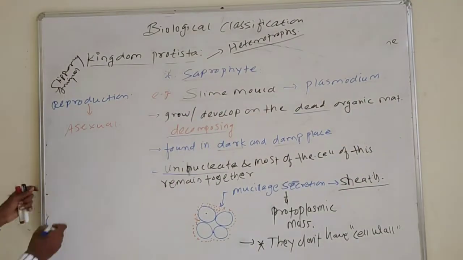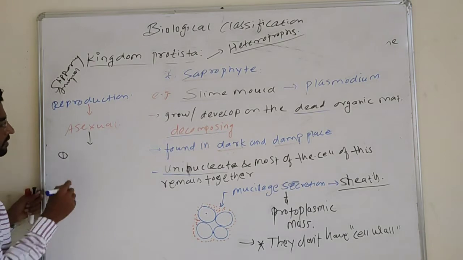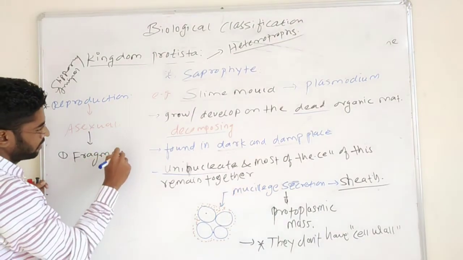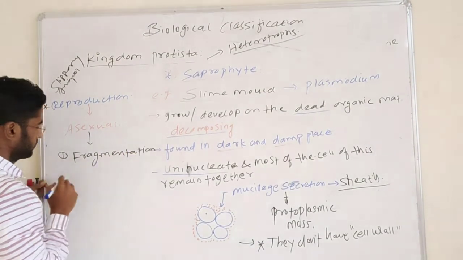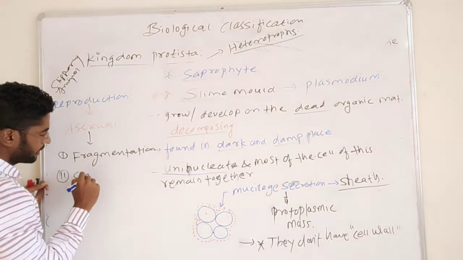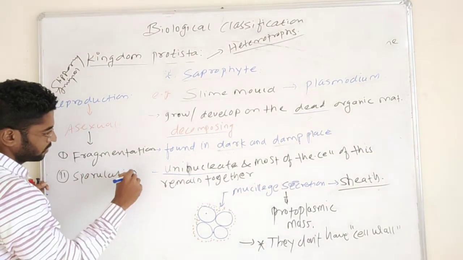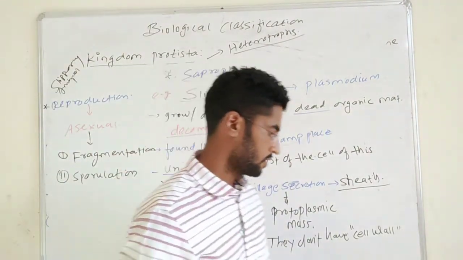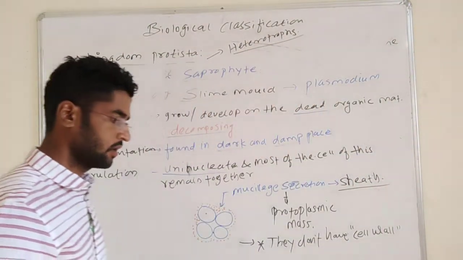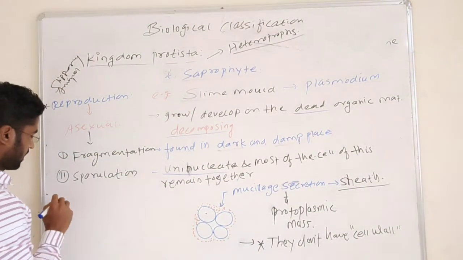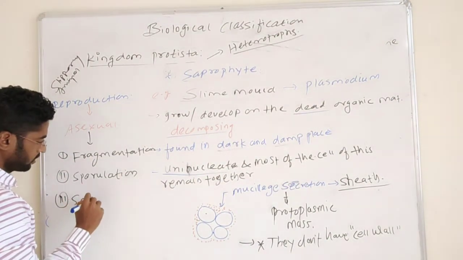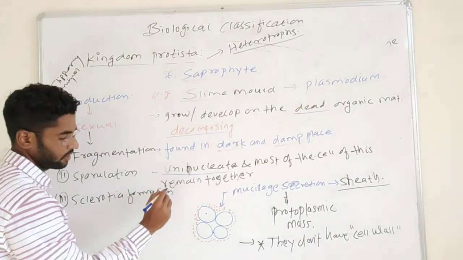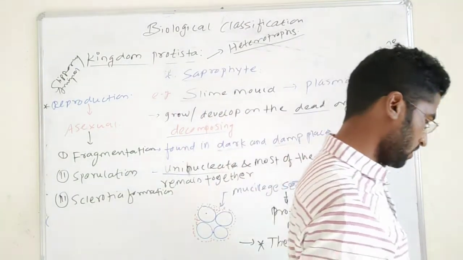That is by fragmentation, second sporulation or spore formation, and third, that is known as sclerotia formation.